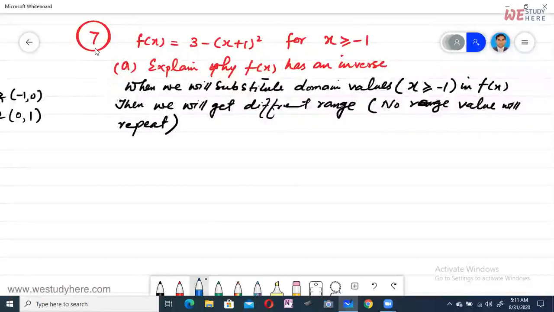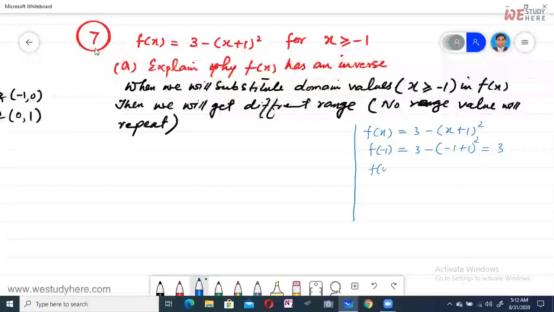Just for example, here I'm explaining: f of x is given here as 3 minus (x plus 1) whole square. If we substitute x equal to -1, the first domain value, 3 minus (-1 plus 1) whole square, -1 plus 1 is 0, 3 minus 0 will be 3. Then at x equal to 0, 3 minus (0 plus 1), 1 squared is 1, gives us 2.